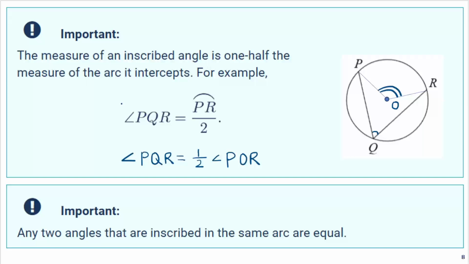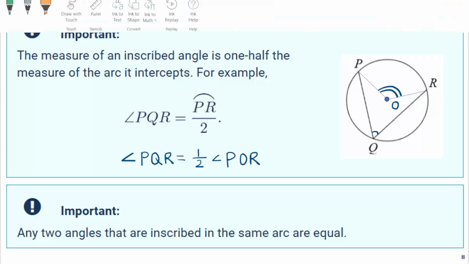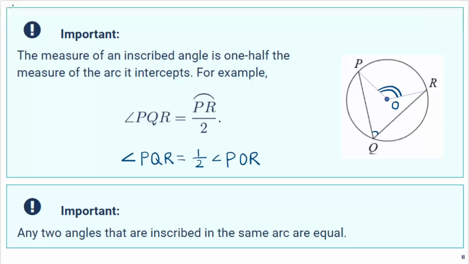Also, from this property, we can easily know that any two angles that are inscribed in the same arc are equal. For example, if we have another angle inscribed in the same arc PR, suppose we have another angle here, then we know that this angle must equal this angle here. Did you get it?